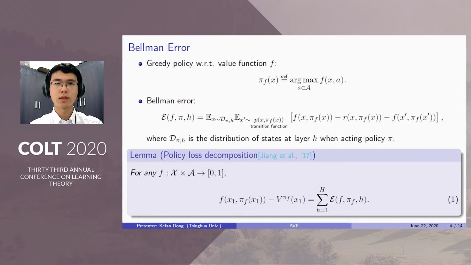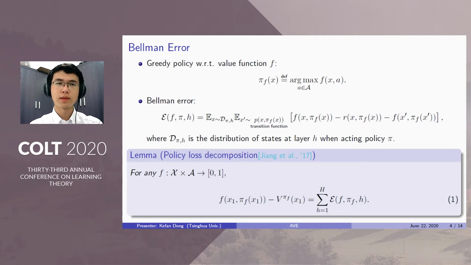First, we sample a state x from the distribution of states at layer h when acting policy pi. The action for layer h is chosen as a greedy action with respect to the function f. And then take the expectation of function value at state x minus single step reward and function value at next state.